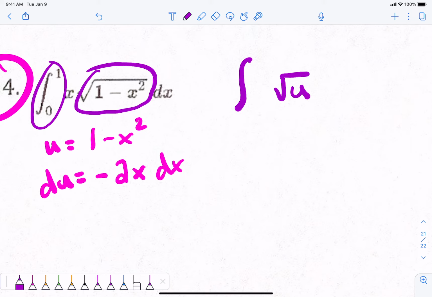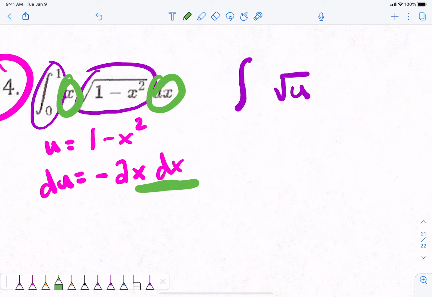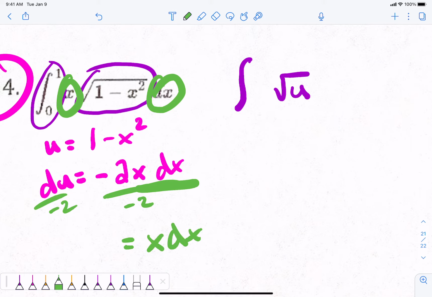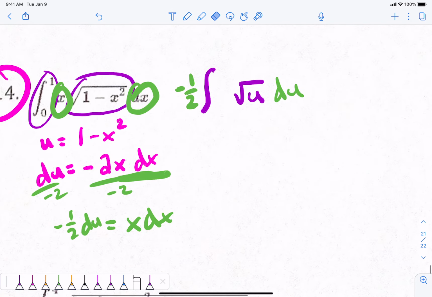The last thing I have to substitute for is x dx, which I have right here, but I don't have the -2. So the -2 gets bumped over to the other side, dividing by -2, and x dx will look like -1/2 du. So I'm going to put the -1/2 out here and the du back here.